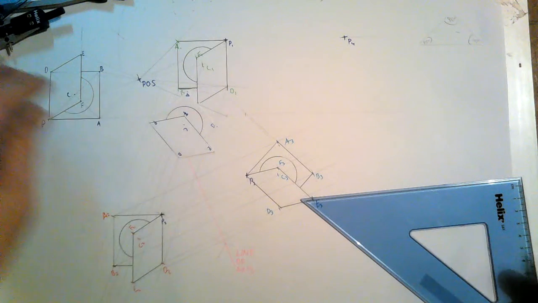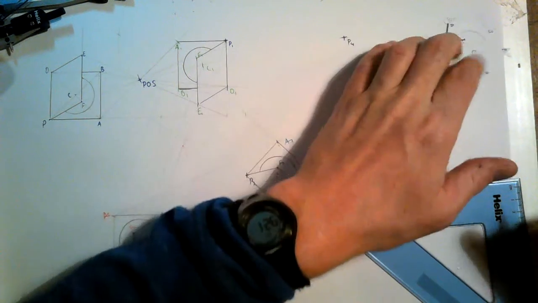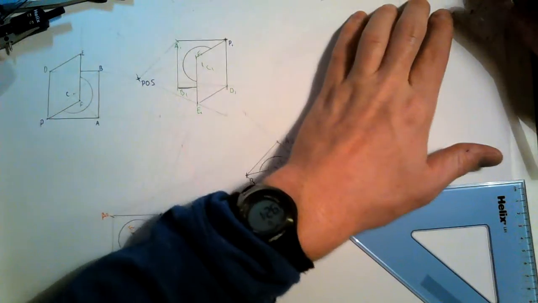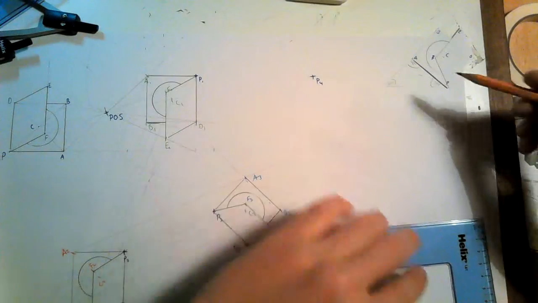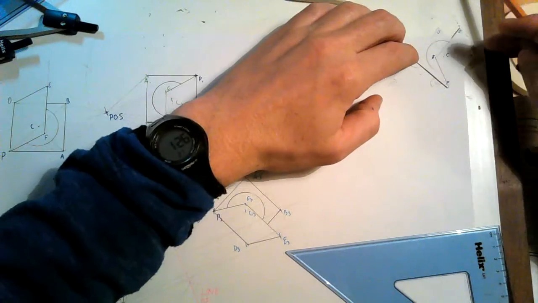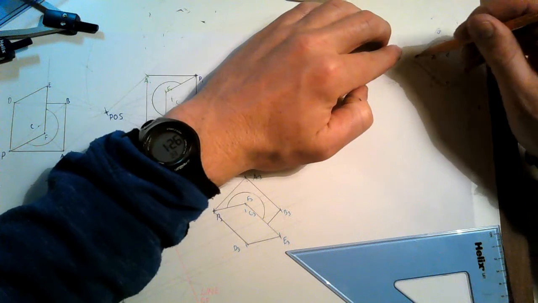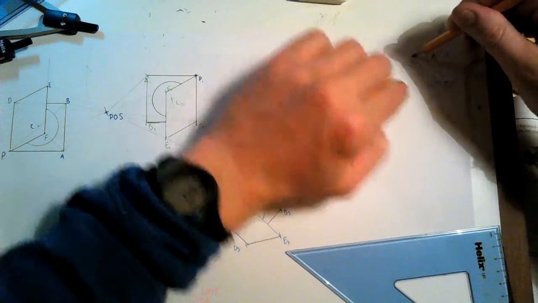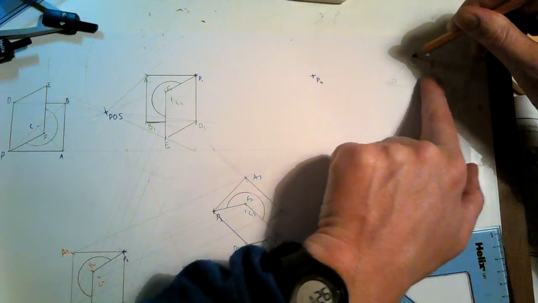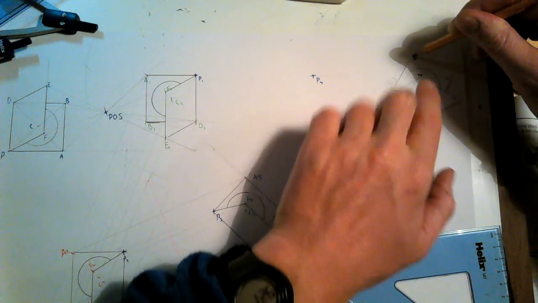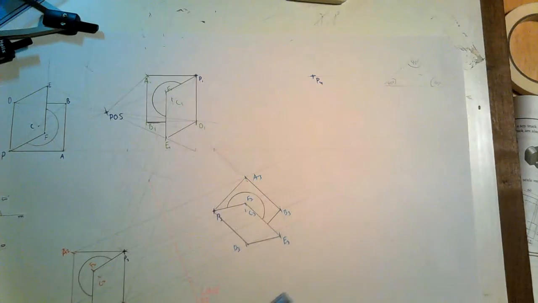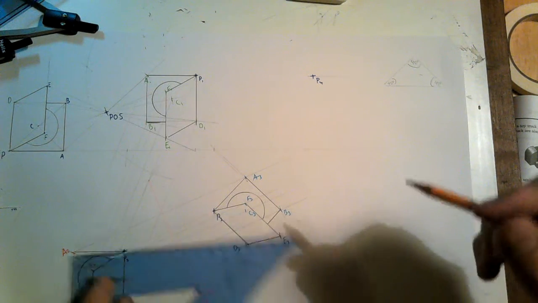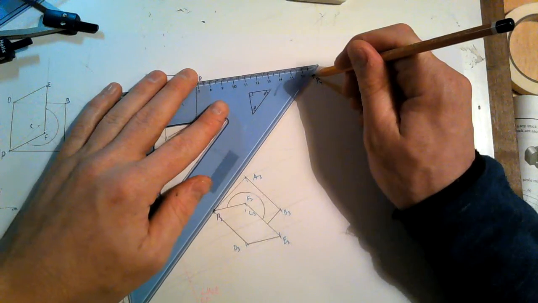Okay, so you can imagine using this triangle as a guide, we rotate it from point A and rotate 90 degrees. Okay, so it's 45, joining P4 and P3.